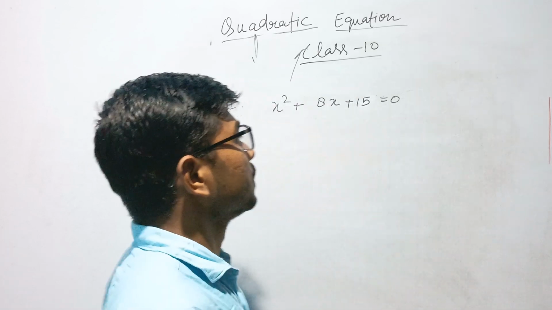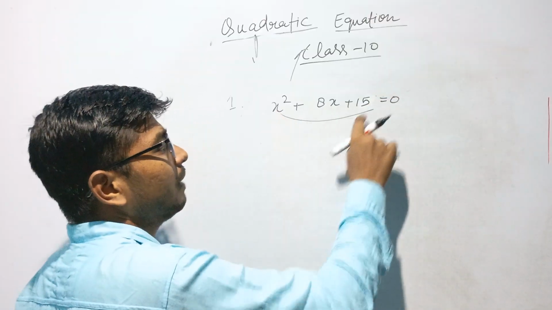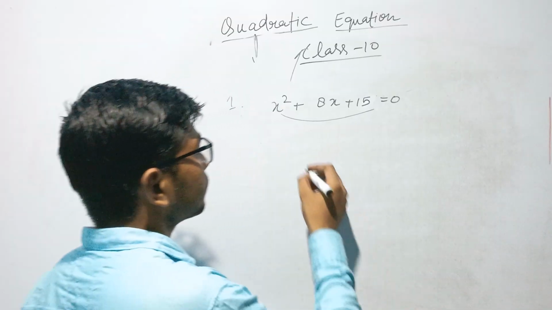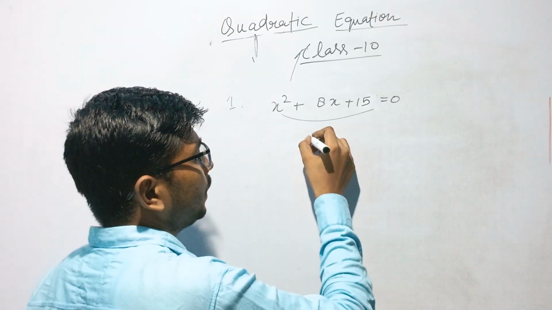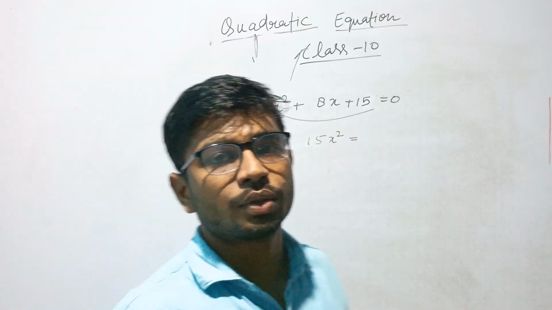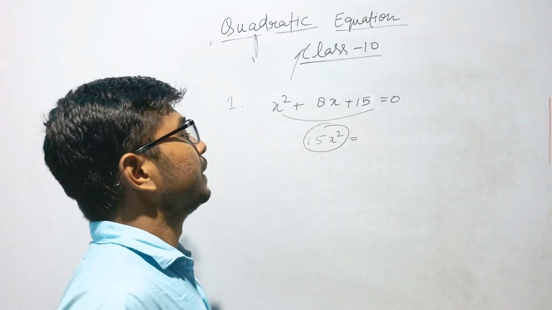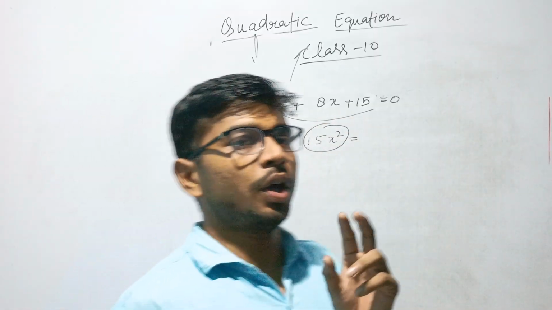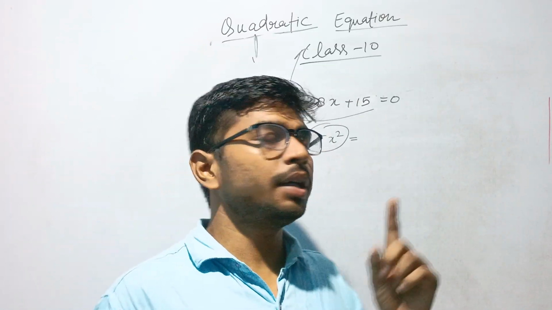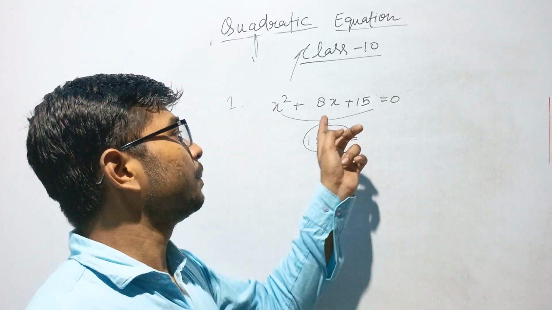We will solve by splitting the middle term. So how to solve? Multiply the first and third term, the x square term and the constant term, so 15 x square. The rule is you have to find 2 terms in such a way that the multiplication should be 15x square and the addition should be the middle term 8x.